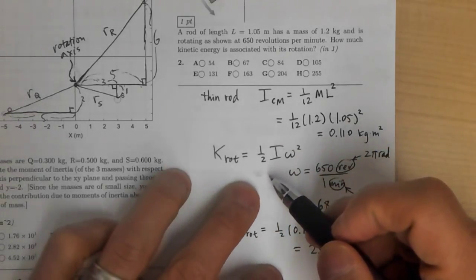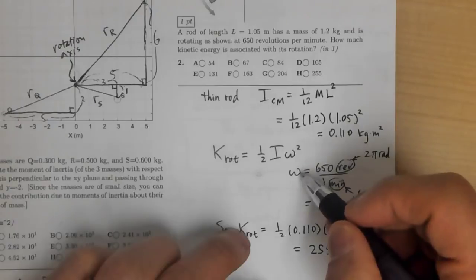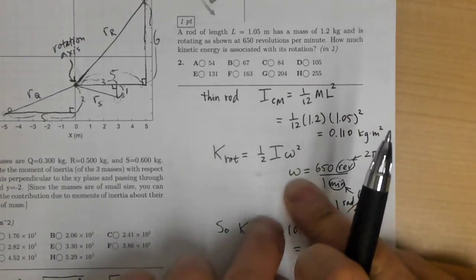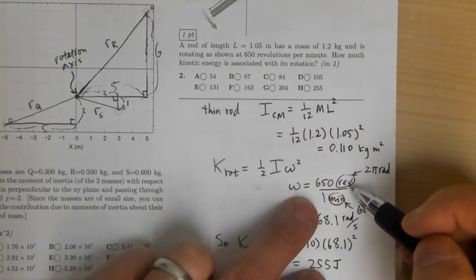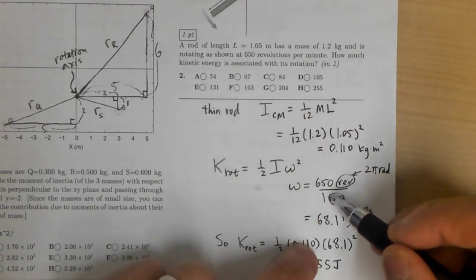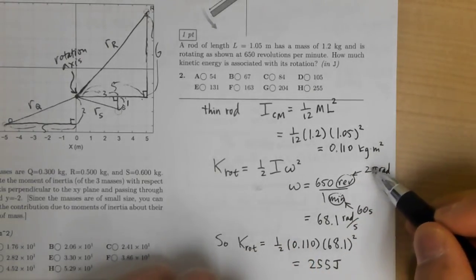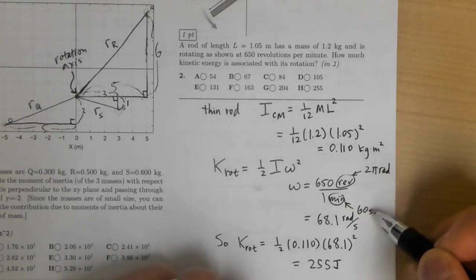The kinetic energy of rotation is 1/2 I omega squared, where omega is the magnitude of angular velocity. So we're given it in terms of 650 revolutions per minute. So I have 650 revolutions divided by a minute. But now the revolutions are 2 pi radians, and 1 minute is 60 seconds.